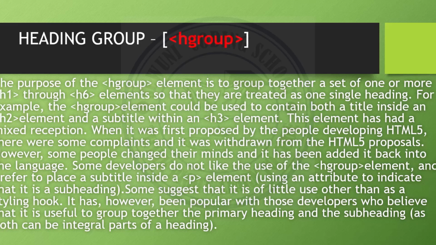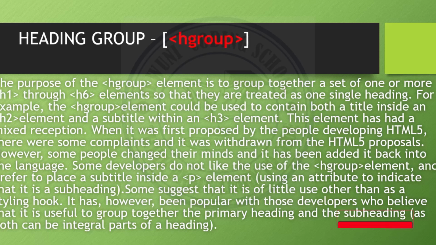This element has had a mixed reception. When it was first proposed by the people developing HTML5, there were some complaints and it was withdrawn from the HTML5 proposals. However, some people changed their mind and it has been added back into HTML5. Some suggest that it is of little use other than as a styling hook.